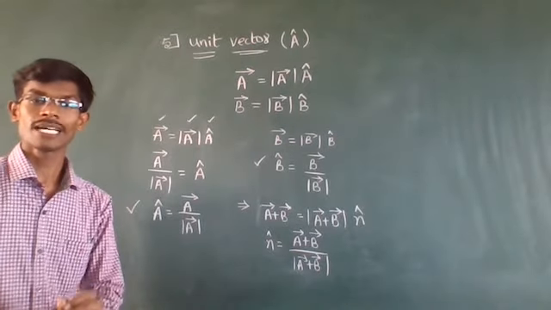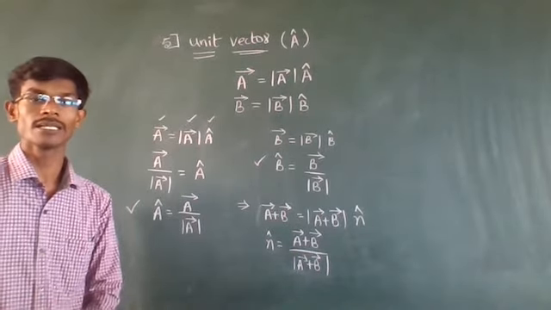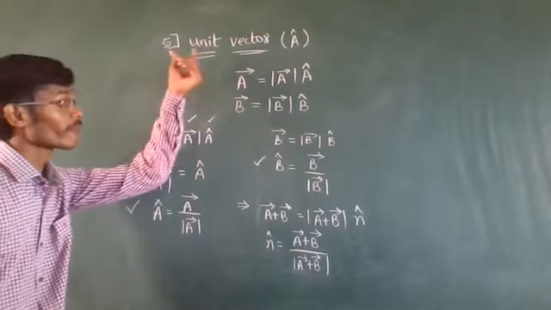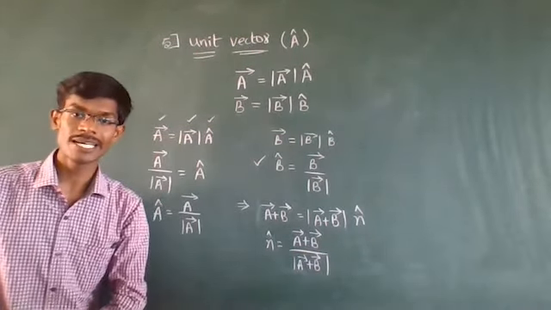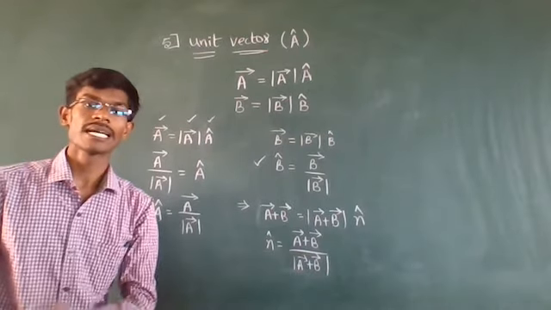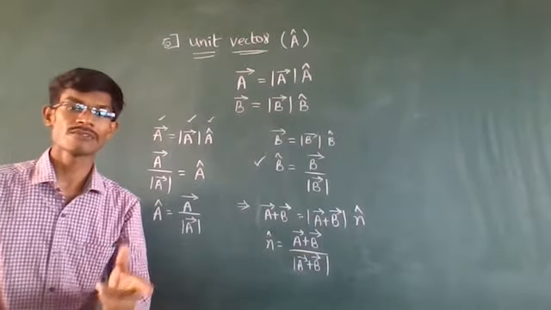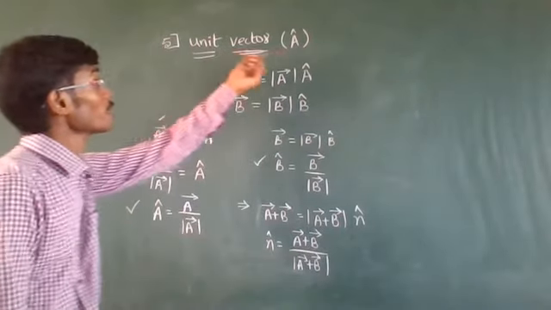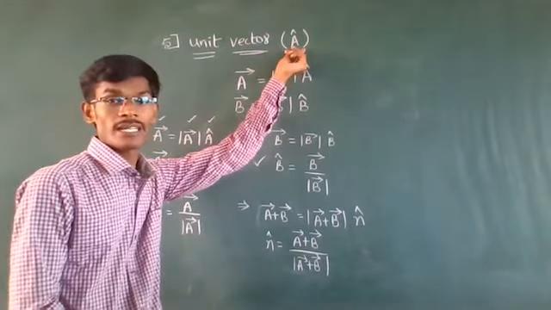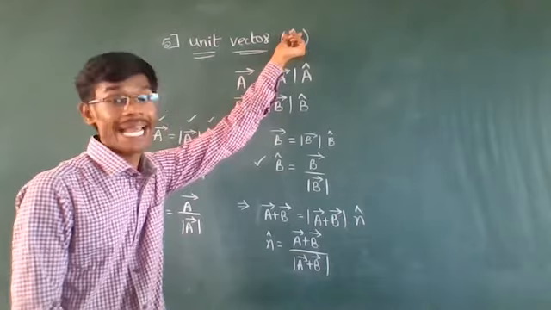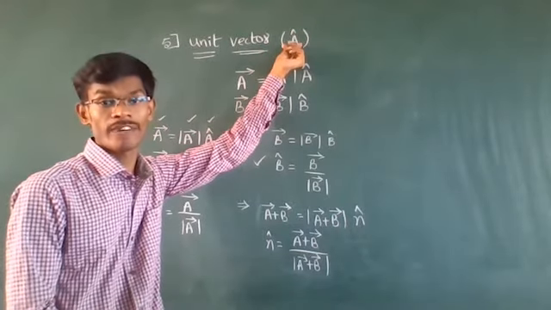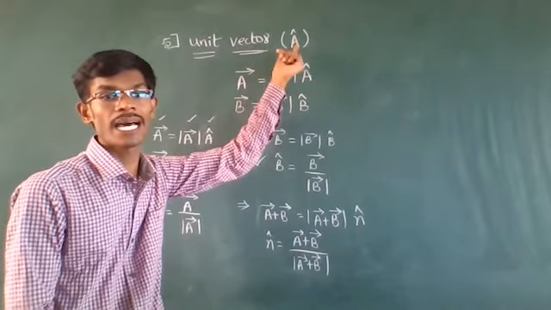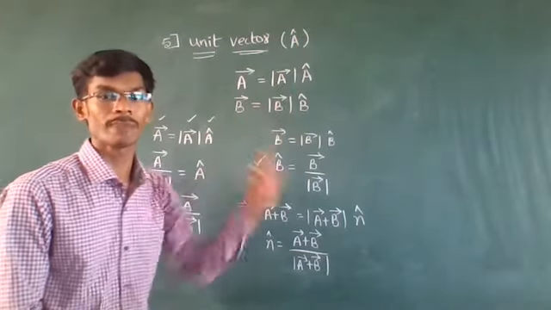Okay, this is about the unit vector. The vector which has magnitude 1 is called a unit vector. And what is the use of a unit vector? These unit vectors are used to represent the direction along the x-axis, y-axis and z-axis. The unit vector is represented with a cap or hat over an alphabet. A cap can be pronounced as A cap or A hat. Usually we represent it with A cap.